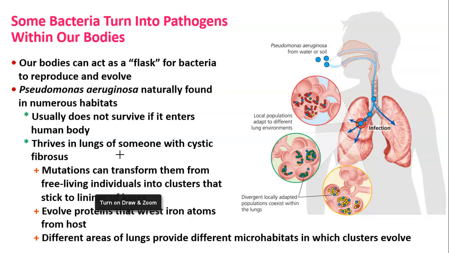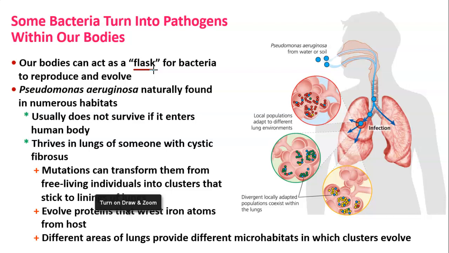So, in a sense, like the first bullet point is pointing out here, our bodies can act as a flask for bacteria to reproduce and evolve. And you've seen some examples in our semester here of researchers tracking the evolution of bacteria over tens of thousands of generations in flasks.